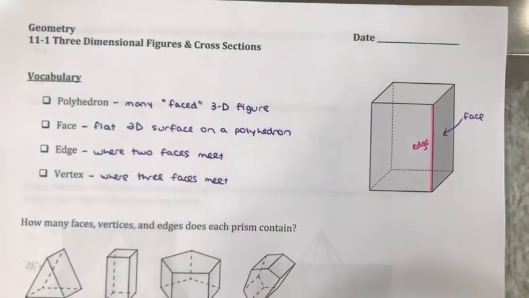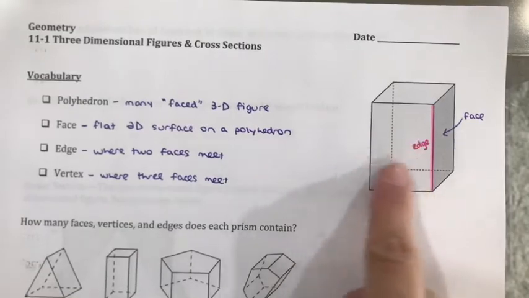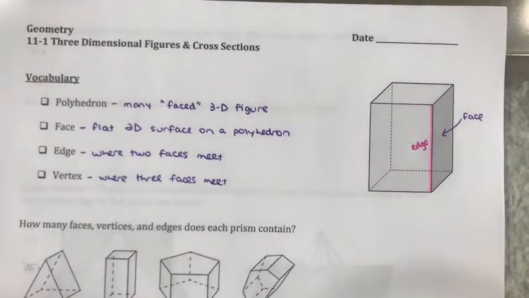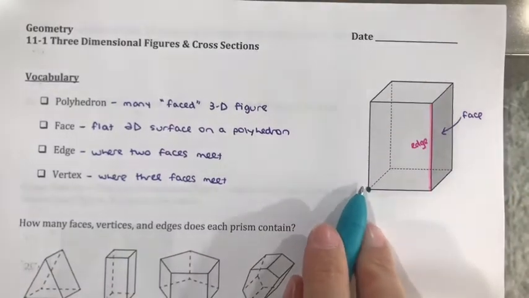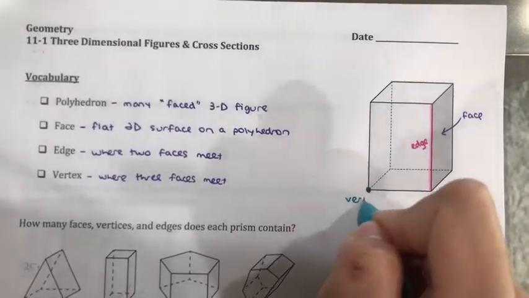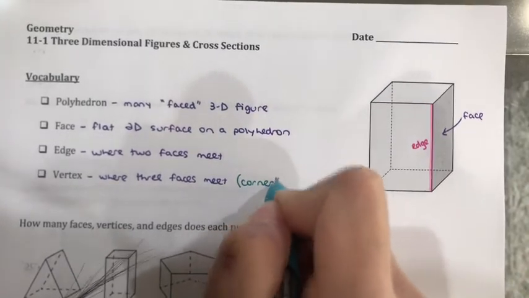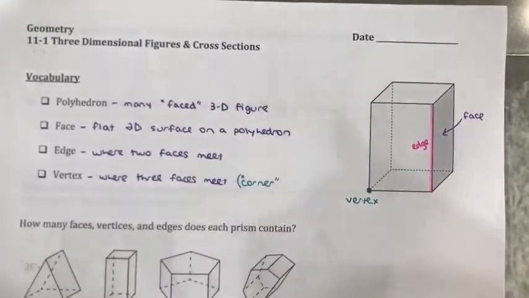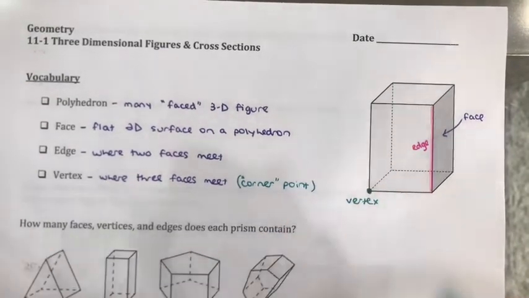So for example, if I've got the bottom, the side, and the front of this box, they're going to meet at this vertex over here. It's kind of like a corner point. Corner's not the best, most mathematical word, but I think you get the idea.